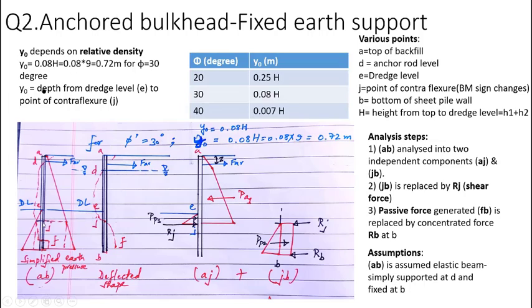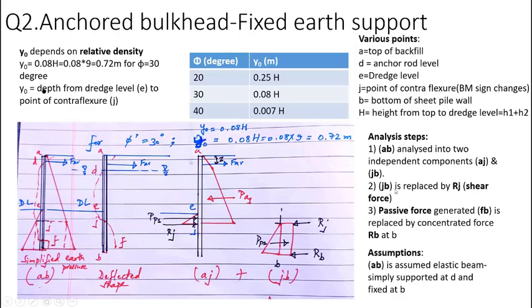So at the point J, which is the point of contraflexure, where you have seen the bending moment has changed sign, we draw the active pressure distribution up to the depth Z. So this is at the water table. Then we proceed and draw it up to the depth of H plus Y0. So this is the active pressure distribution. This is the passive pressure distribution, and whatever this distance GB, we actually replace it by a shear.